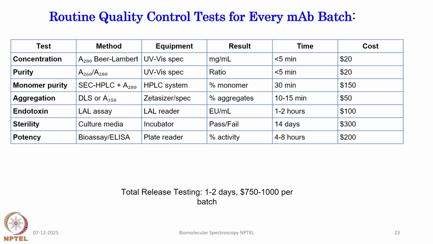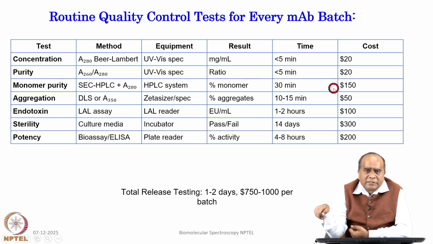Then only you can take it, right. So, how do we do quality control tests for every batch? Because batch to batch you have to ensure, and you cannot invoke a very hi-fi technique for that. You require a simple technique which can do batch to batch analysis for monoclonal antibody. So, you measure the concentration using the Beer-Lambert law. The equipment you require is UV visible; you get the concentration in mg per ml in less than 5 minutes and it costs less than $20.